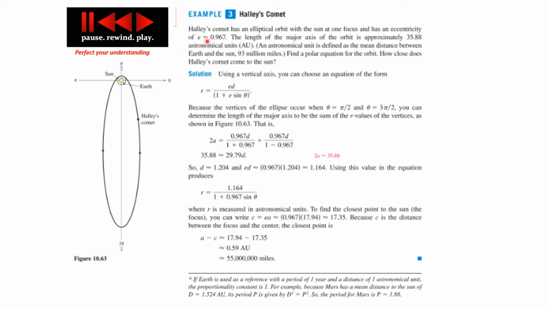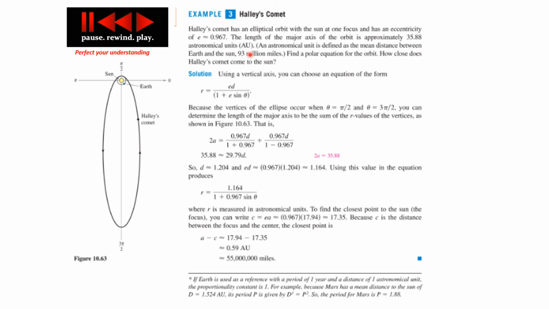Okay, so anyway, Halley's Comet has an elliptical orbit with the Sun at one focus and has an eccentricity very close to 1, 0.967. So that means it's a really very egg-shaped orbit. The length of the major axis of its orbit is approximately 35.88 astronomical units.